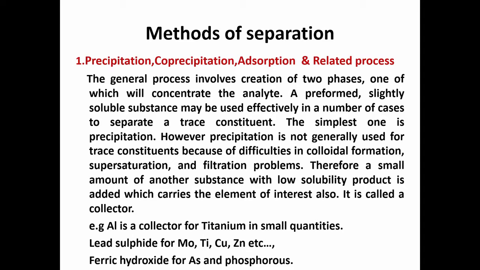Sometimes due to supersaturation, to precipitate I add more substance, and then there may be a supersaturation, it may redissolve again, then you do not have a problem at all, and sometimes it may lead to filtration problems. Therefore, a small amount of another substance with low solubility product is added, which carries the element of interest also.